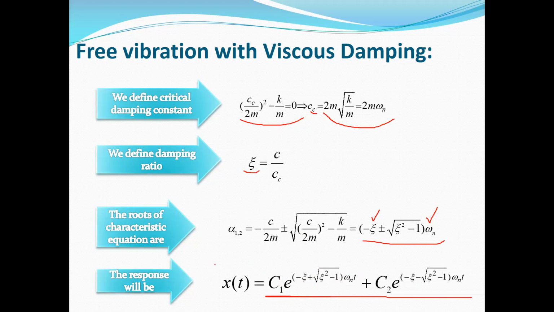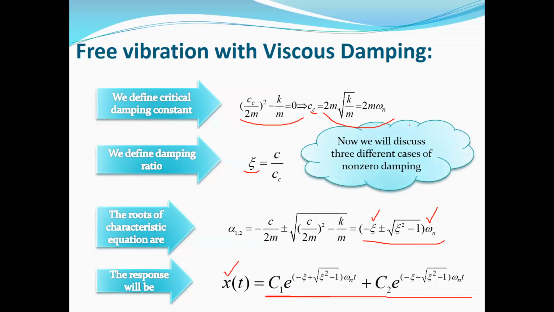So you can see x(t) is a function of psi and omega n. The eigenvalues are a function of psi and omega n, and you will see all of the characteristics, and even the equation of motion, can be extracted as a function of the damping ratio and the natural frequency.